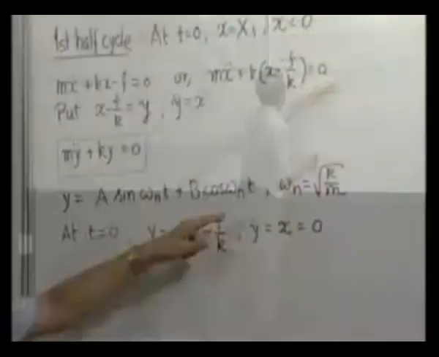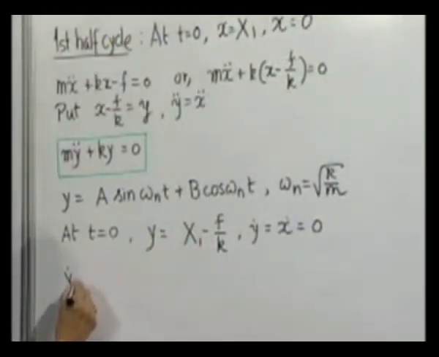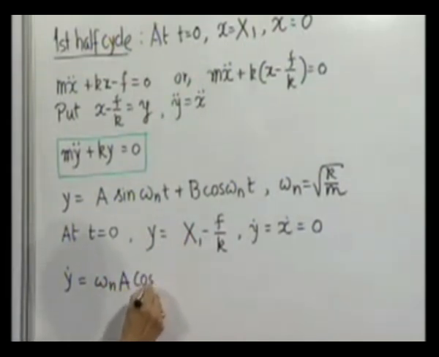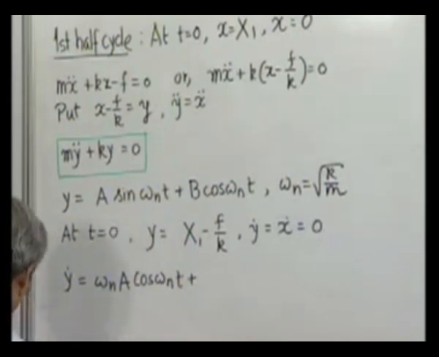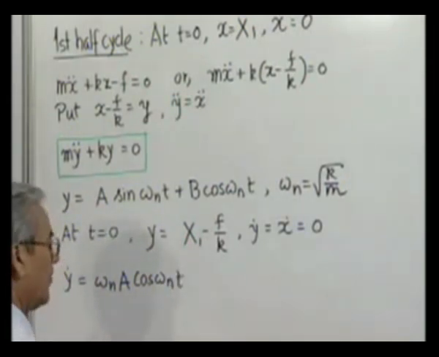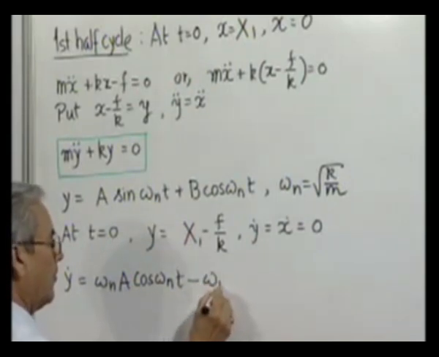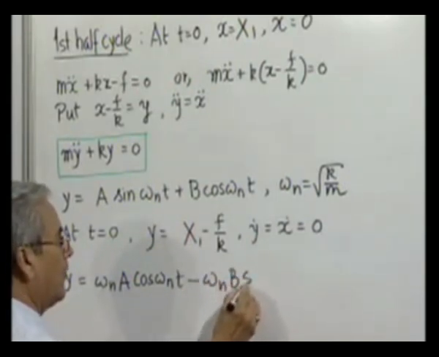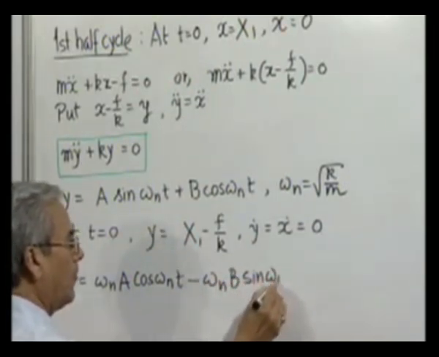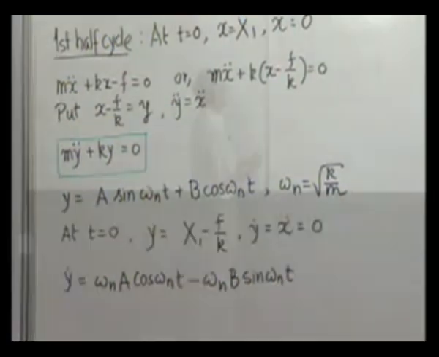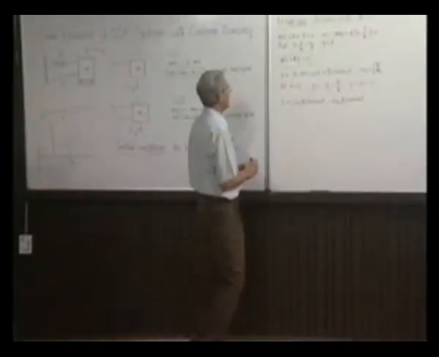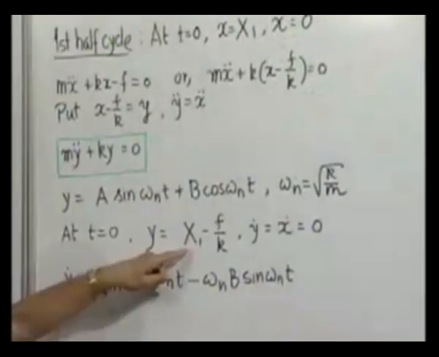So, if we differentiate this, we get y dot equal to omega n... So, put the initial condition: at t equal to 0, y is equal to this much.